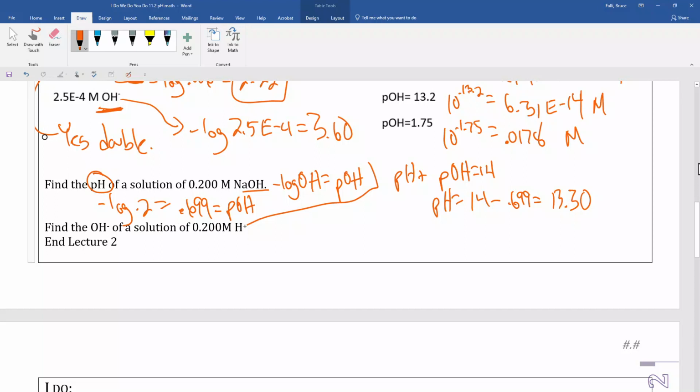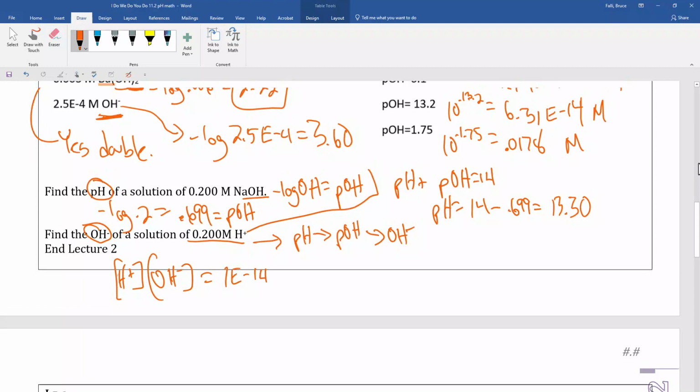All right. Find the OH negative. Find the base part of a solution of 0.2 molar H positive. Okay, so because I've done so many pHs, my first thought is I'll change this to pH. Then I'll change it to pOH. Then I'll change it to OH negative. And then someone in here is going like, nah. Remember H positive times OH negative equals 1E negative 14. Where did that come from?